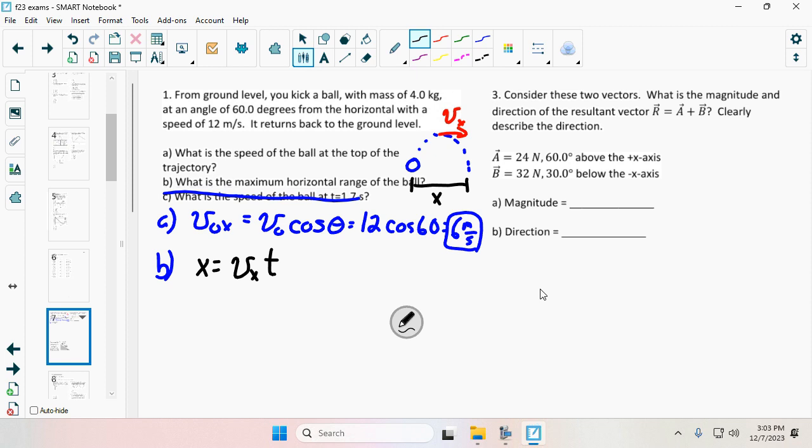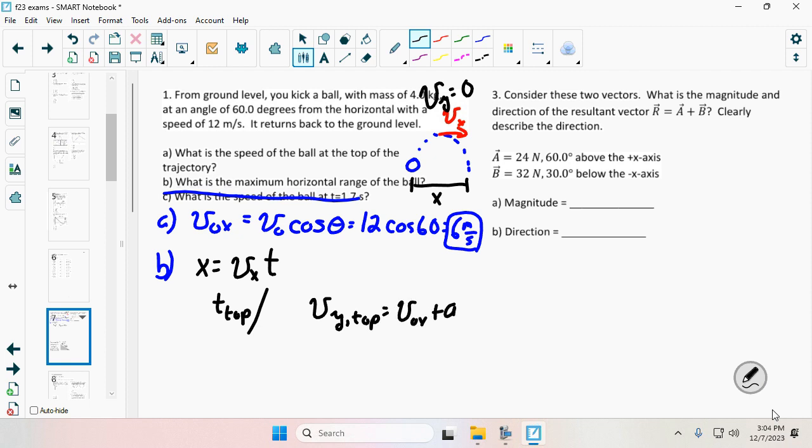So to find t, first I have to find the time at the top of the trajectory. And to do that, I consider that at the top of the trajectory, Vy is equal to 0. Okay? So I can say that Vy at the top, which is equal to 0, is equal to V naught y plus Ay times t.